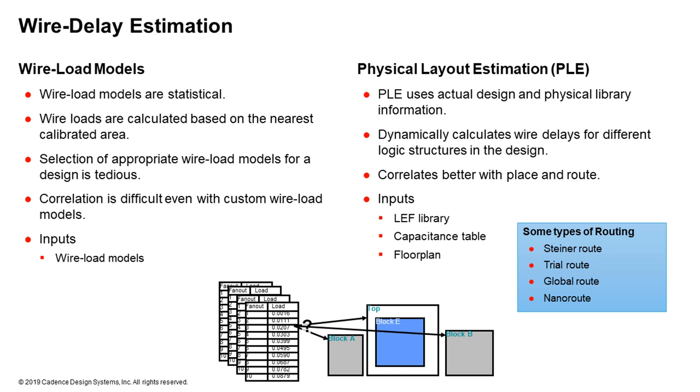But in terms of correlation, these actually seem to be better than the wire load models. So some of the types of routing that you see here are actually what is employed by the physical tools. And now these wire load models and PLE should actually correlate to those kind of routing models.